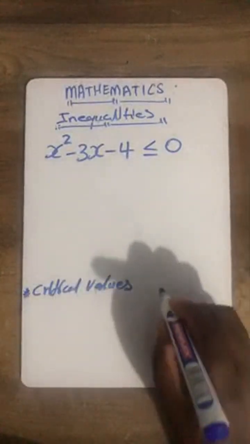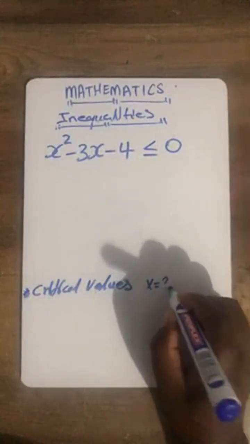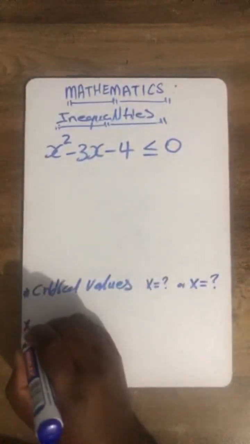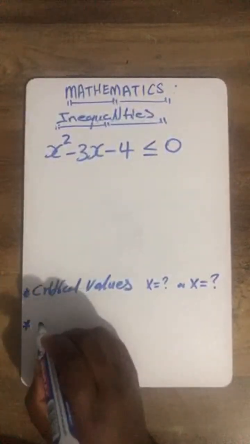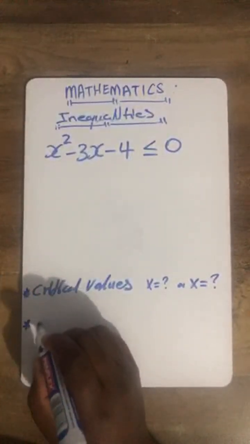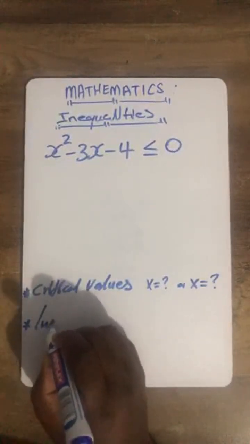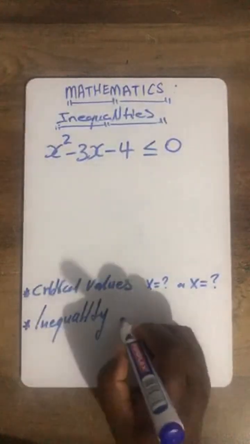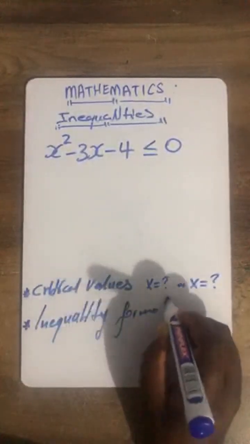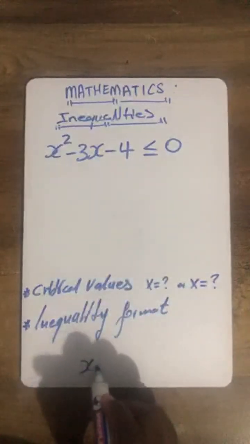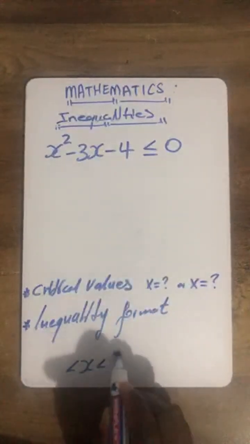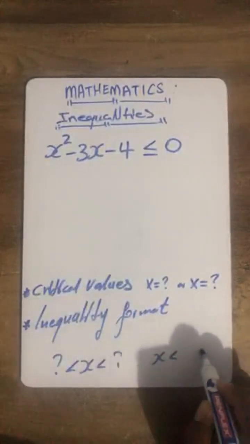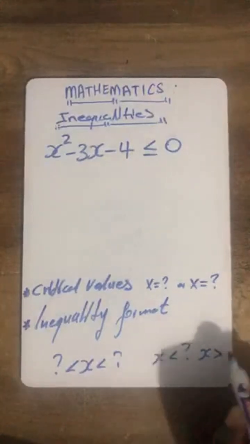So when it comes to the critical values, that means you will say x is equal to whatever, or x is equal to whatever. And then lastly, you represent it as an inequality. So let me say inequality format, where you either say x is between whatever, or x whatever, or whatever the case may be.